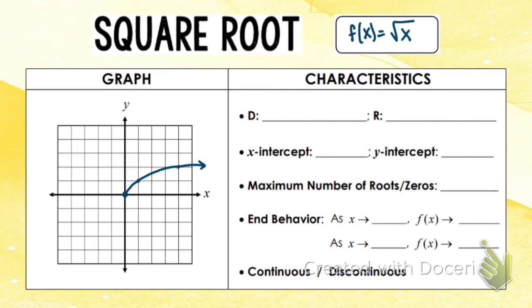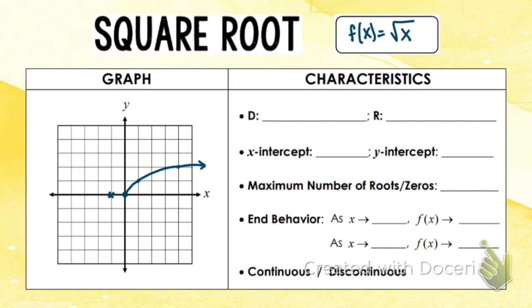But if we were to plug in -1, we cannot get the square root of -1 without using imaginary numbers. And when we're plotting graphs, we cannot plot imaginary numbers. There's a whole different level of math where you can, but in this class today, we are not doing that. We're only dealing with real numbers. So we cannot take the square root of a negative number.